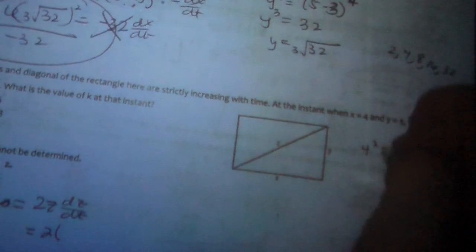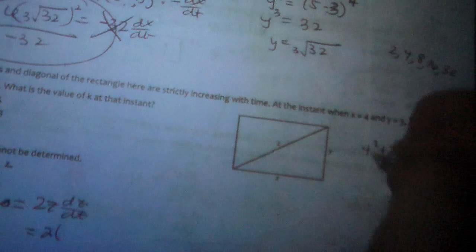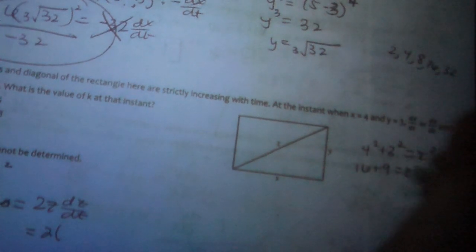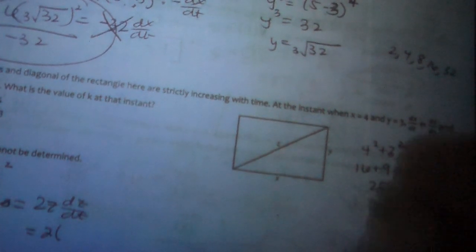Plug in what we know. X is 4, y is 3. You can find z very easily by saying 4 squared plus 3 squared equals z squared. That's 16 plus 9, which is 25. So z equals 5.